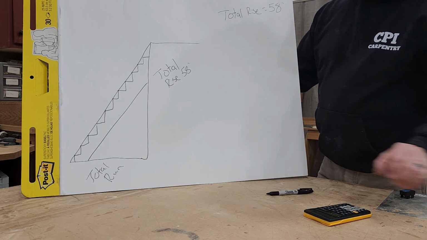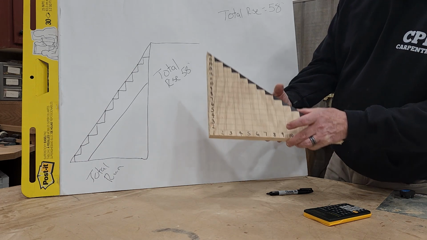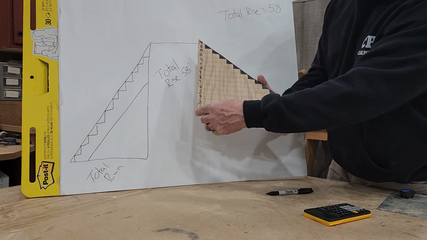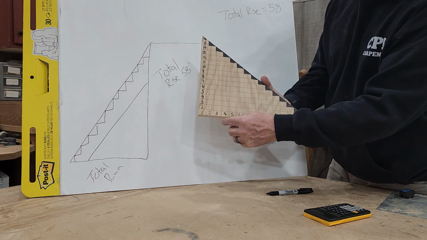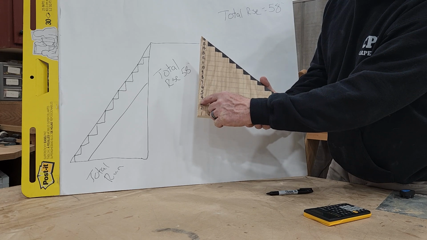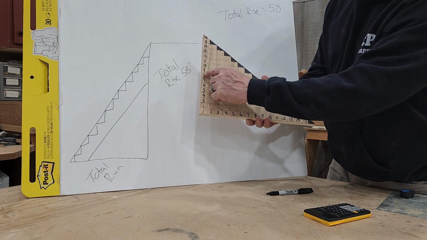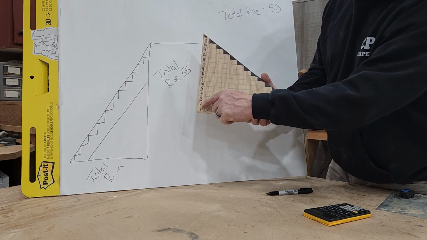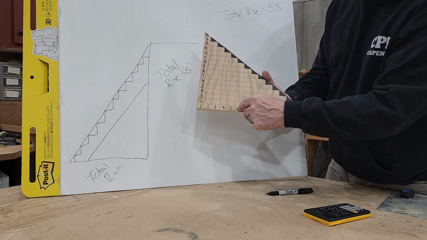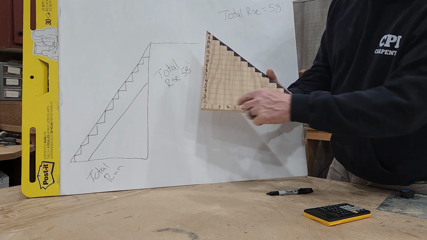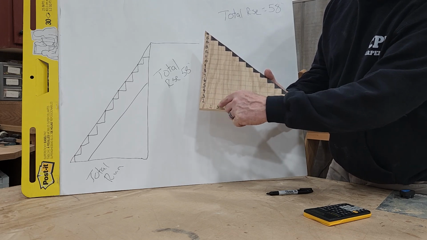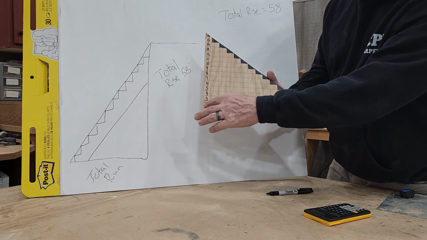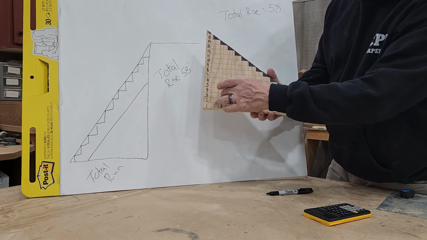So if you look at this little chart I have here, we take our vertical distance and break it down into equal segments, and we take our horizontal distance and break it down into equal distances. As you can see on this one, I drew lines that are at 90 degrees to each one.